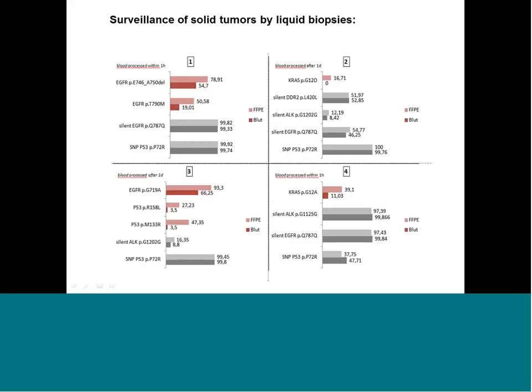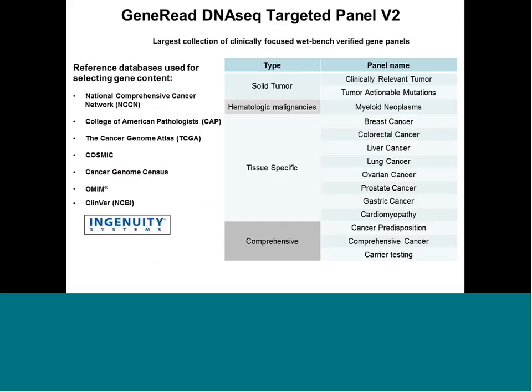However, this is a very sensitive technology. If you analyze these patients too late and keep the blood for several hours at room temperature, then as you can see here, there is no mutation anymore in the blood, but it's still present in the tumor. So it's a sensitive technology which we need to learn and to practice in clinical applications.